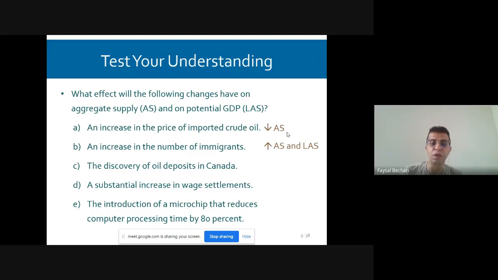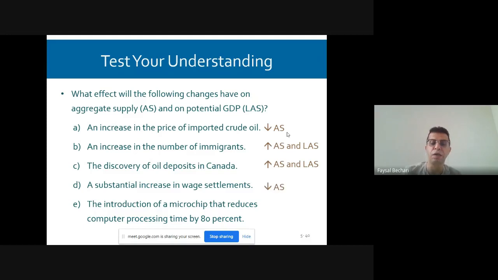So we see that the aggregate supply shifts. People are more, so there's more supply for them, and eventually the long-term aggregate supply will shift. The discovery of an oil deposit in Canada also does the same thing, affecting both.